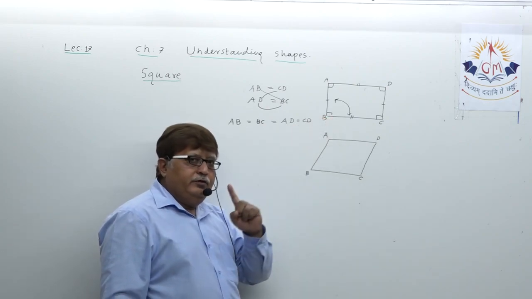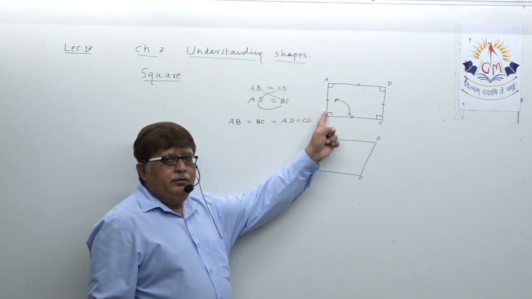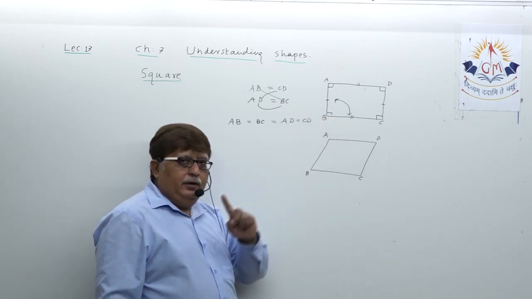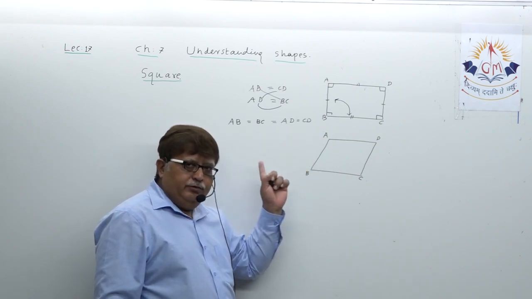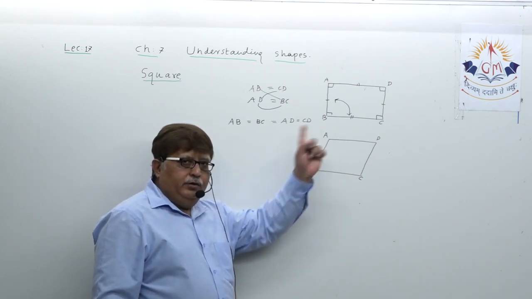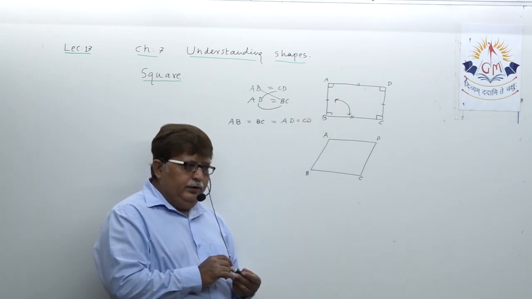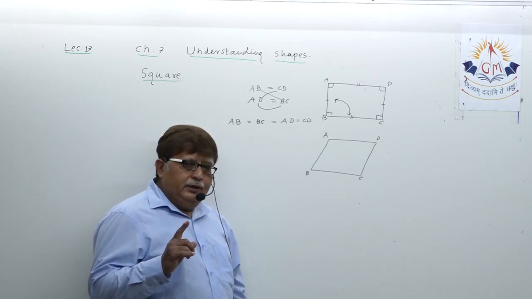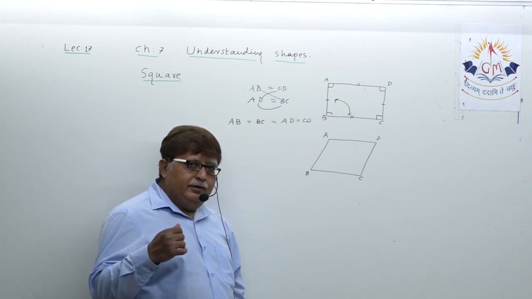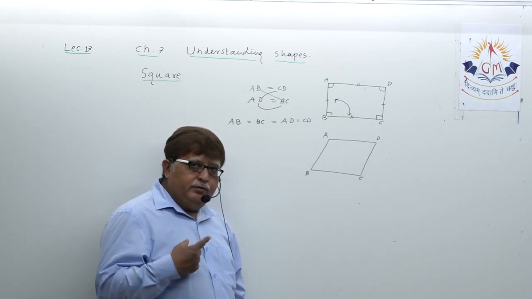Because I just say that one pair of adjacent side are equal, in rectangle it becomes a square already, because when you say that one pair of adjacent side equal, that means indirectly you are implying that all sides as a result become equal.